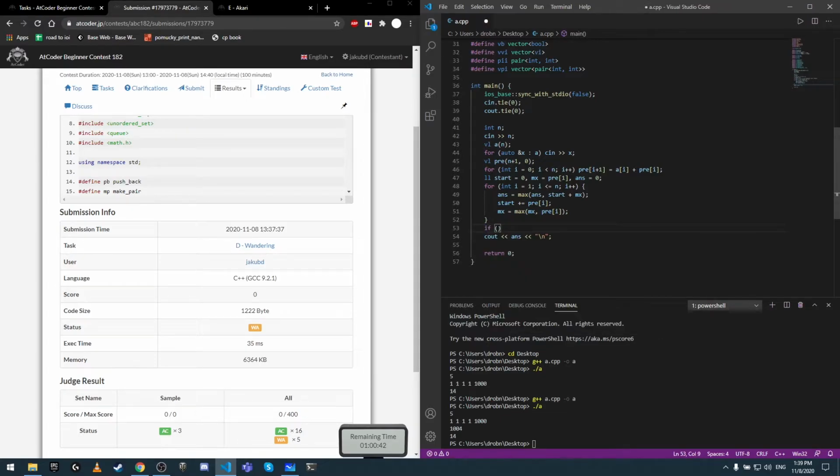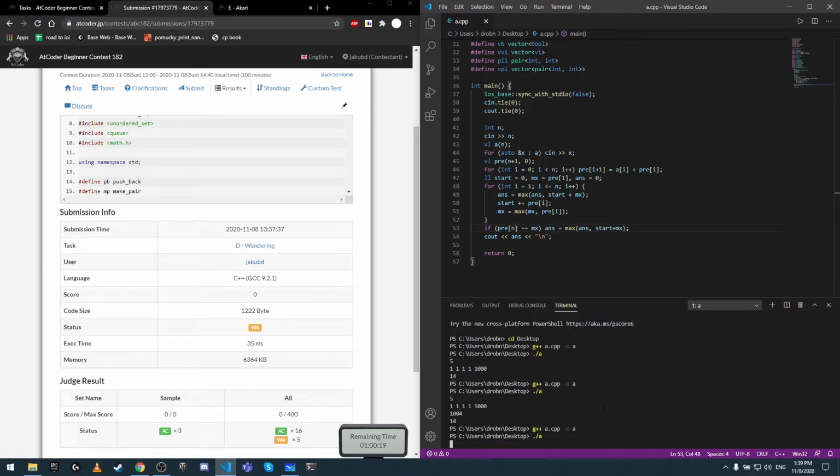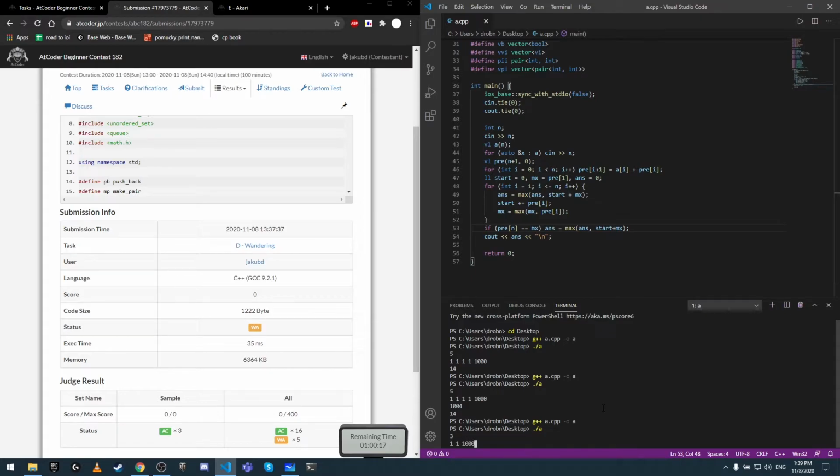So if a minus 3 n equals maximum, then ans equals max of ans, start plus mx. 3 1 1 1000.